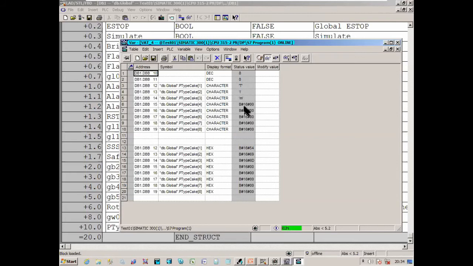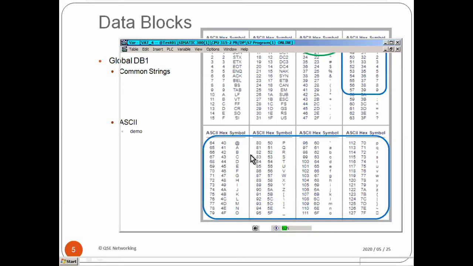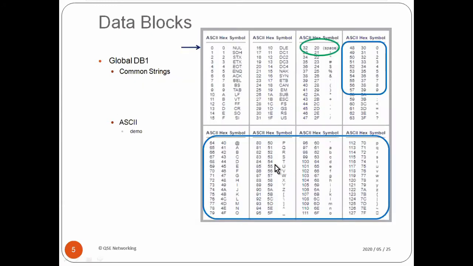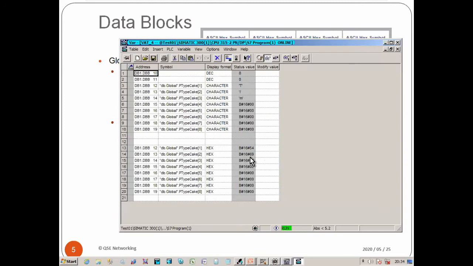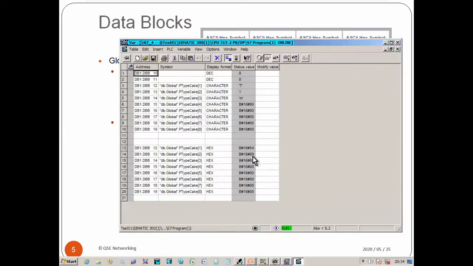And the I is a 69, it's ASCII code 69, and M is 6D. So let me go back to my ASCII table, capital T there, 54. See, 54. I, which is a lowercase i, hex 69, and M is 6D, it's 6 times 16 is 96 plus D is 13, and there is the D.